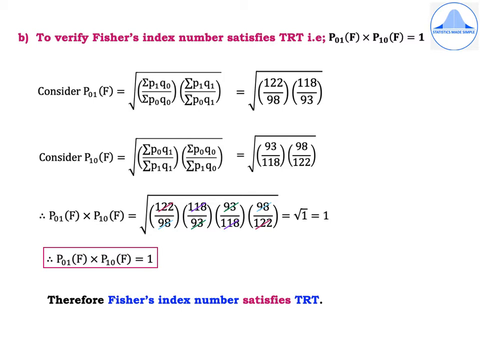Therefore, P01 of F into P10 of F is equal to root of, write all the 8 terms, and you will see that all the terms in the numerator and denominator will get cancelled as indicated by the pink, purple, green and blue lines, and then you get root 1, which is equal to 1. Therefore, P01 of F into P10 of F is equal to 1. Hence, Fisher's index number satisfies TRT.